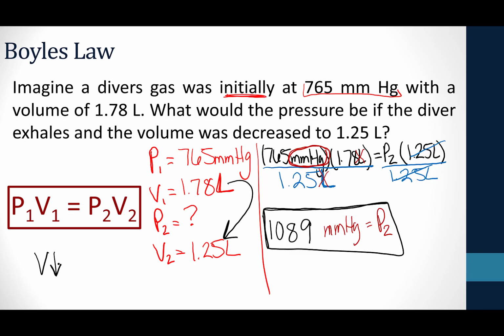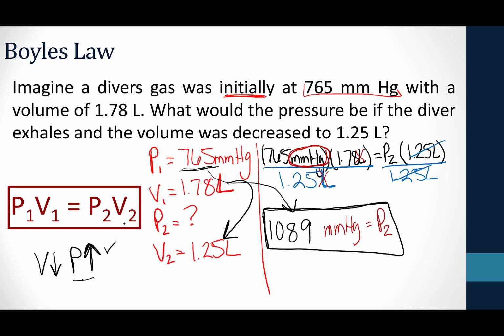According to Boyle's Law, what would we expect pressure to do? Well, it's inversely proportional, so we'd expect pressure to go up. Is that what happened? Yeah, we went from 765 to 1,089. So we expected pressure to go up. It did, in fact, go up. Good possibility that that is the correct answer.